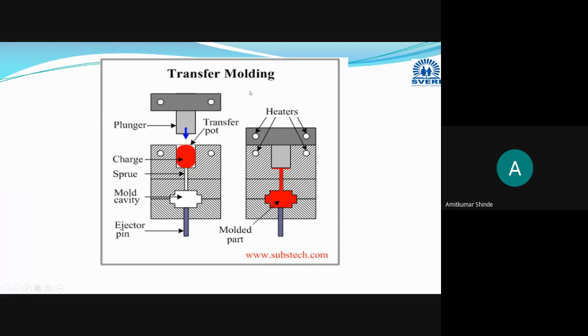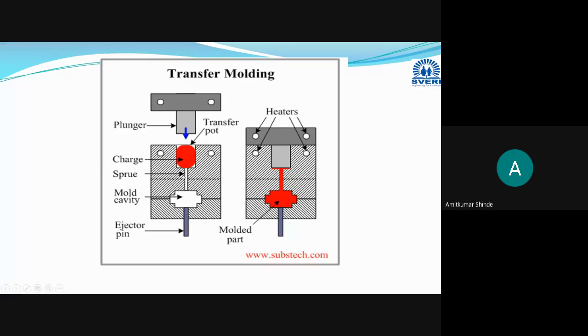When it becomes soft, we apply pressure with the help of this plunger. Then what will happen?